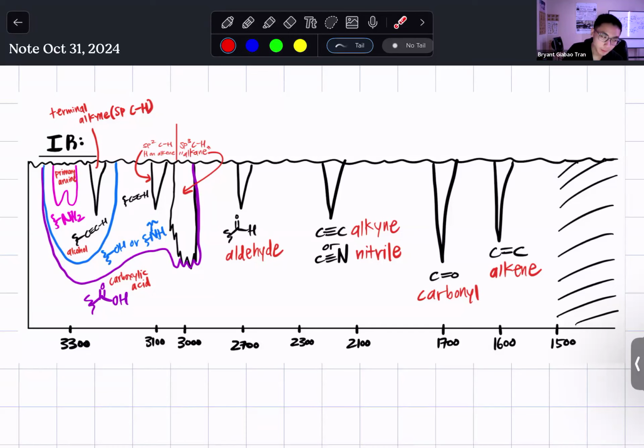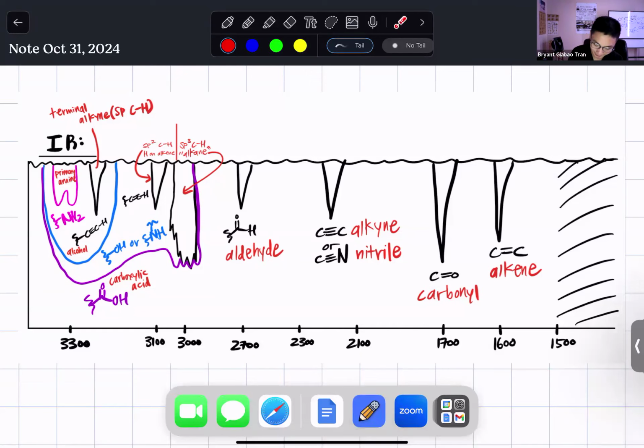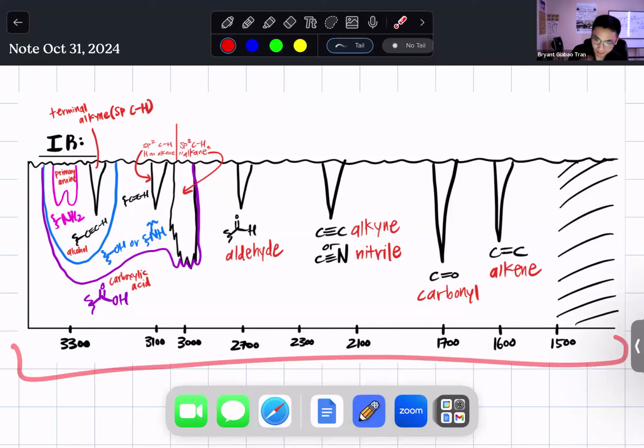They might give you the molecule and ask what wavelengths, what peaks, you might expect for this structure. To do that, you have to identify all the functional groups present in that structure and then have this chart memorized or on your note card on the test.